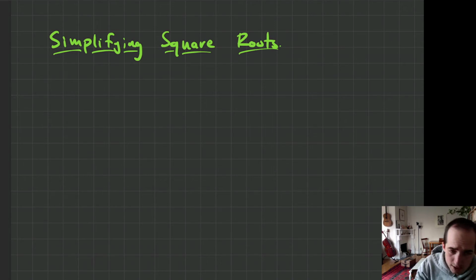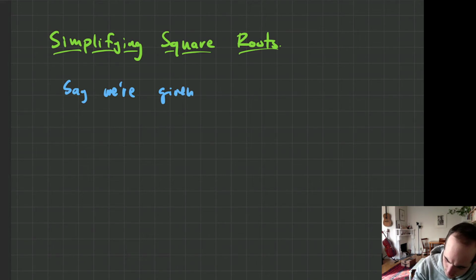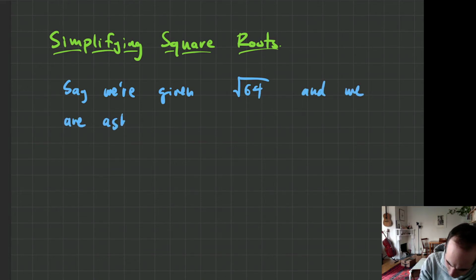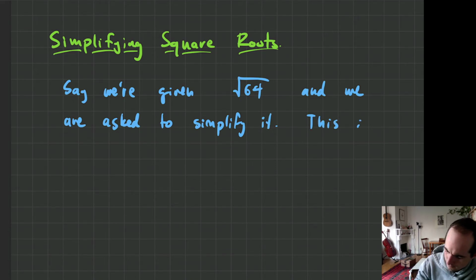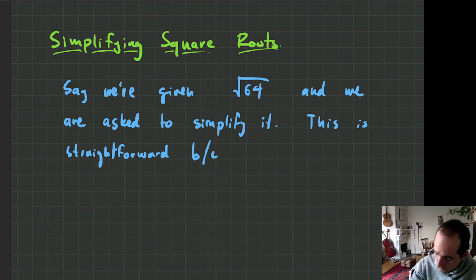If we're given a square root that is a perfect square, let's say the square root of 64, and we're asked to simplify, this is straightforward because 64 is a perfect square.